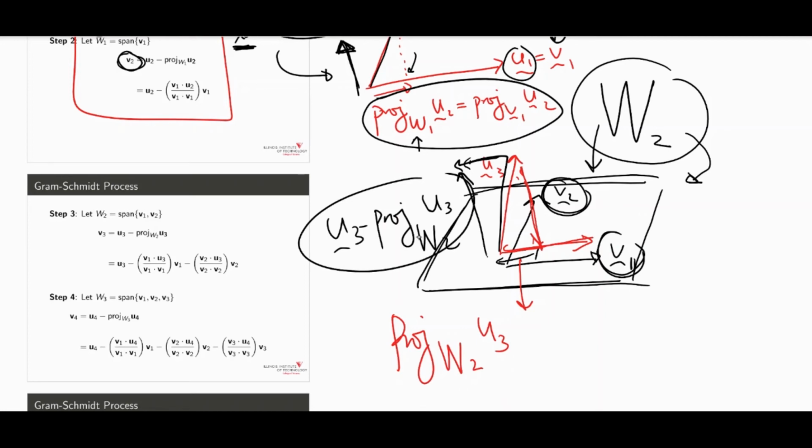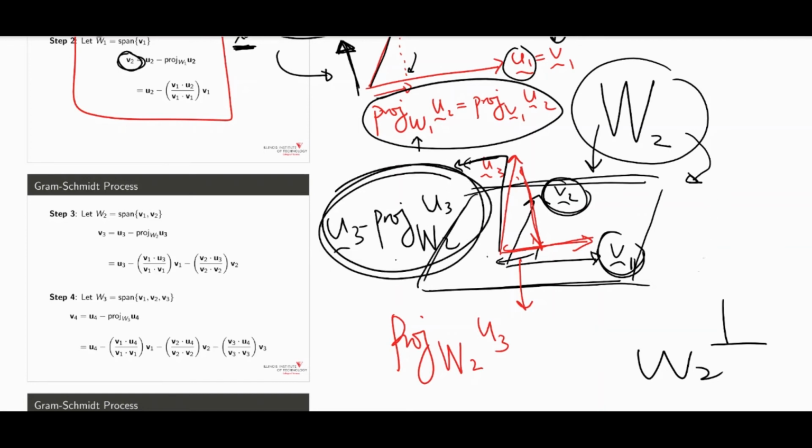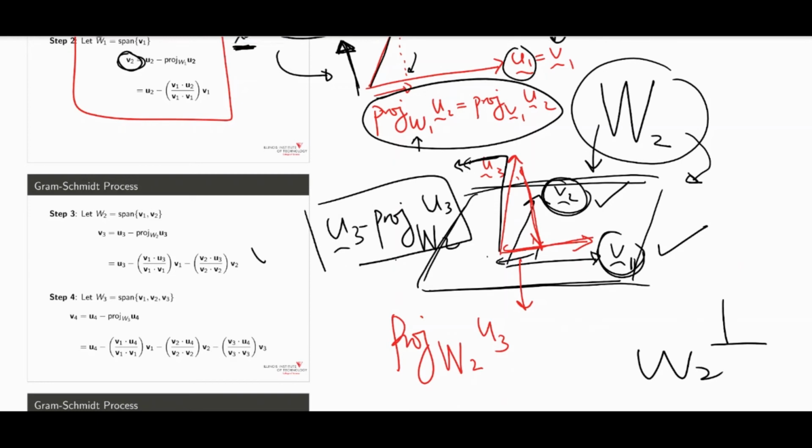We know that this vector is in W2 perp, which means that this vector is going to be orthogonal to every single vector that is coming from W2. And V1 and V2 are in W2. So in particular, this new vector that you constructed, which you conveniently call V3, is going to be orthogonal to V1 and V2 for sure.